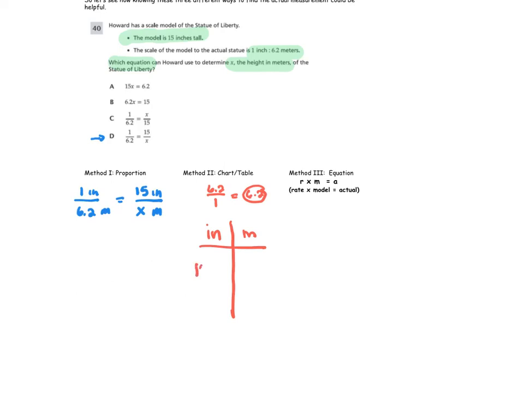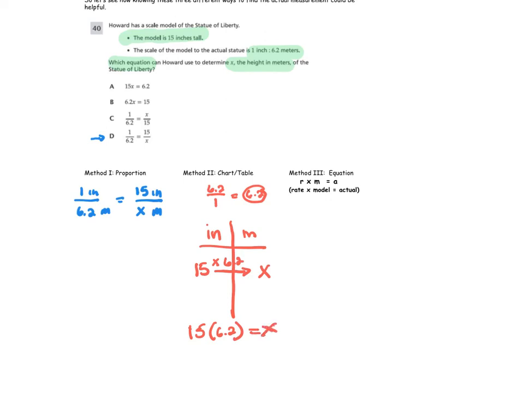Well, we're given 15, and since we're moving across to this side, we would multiply by 6.2. And we don't know it right now, so I'm going to stop with this X. So the equation that would be generated from this is 15 times 6 2/10 equals X.